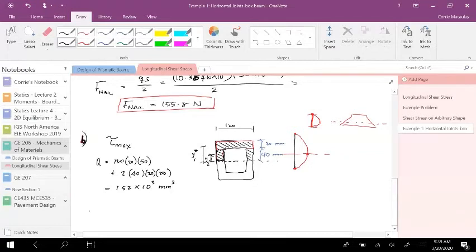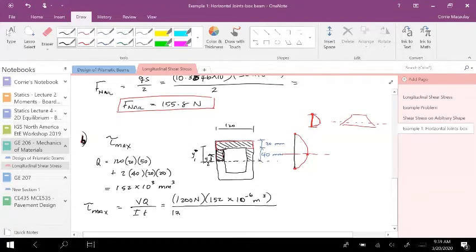So I can now look at my maximum shear stress, which equals VQ over It. V is 1200 newtons. Q I just calculated as 152 times 10 to the 3, so that's times 10 to the minus 6 meters cubed, which is what we did earlier.